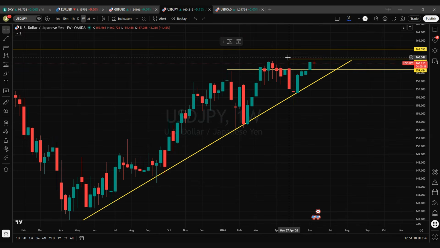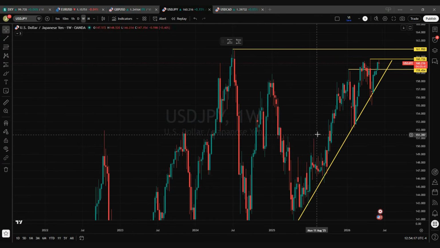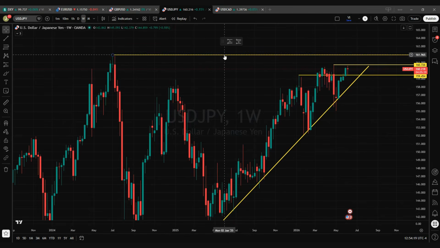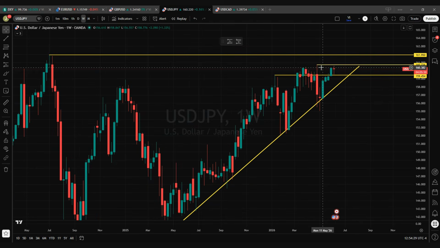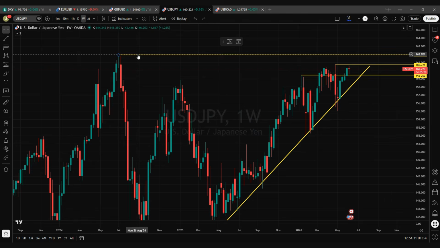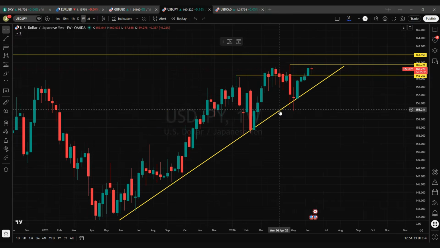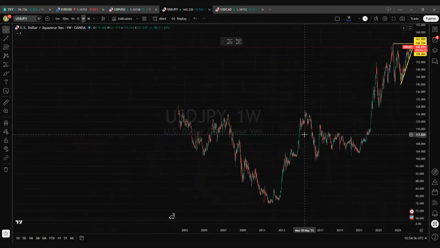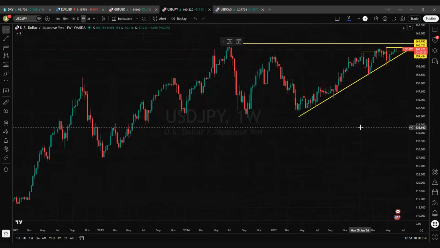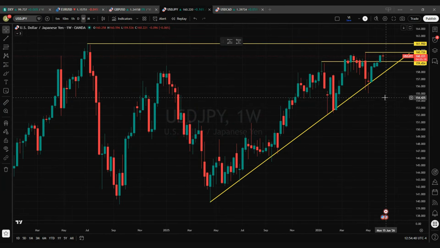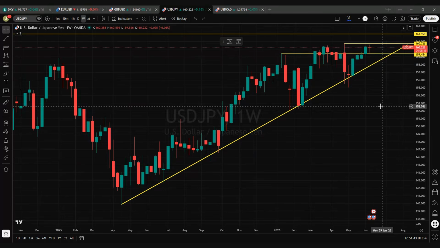Just above is this pivot resistance, which capped price today at 160.726. If it wants to get another stab at the all-time highs of the US dollar versus the yen, I want to see this level taken out first, and then it could take another stab at this all-time high. Overall, it's still near the highs, so we'll see what it takes for the yen to start gaining some momentum.